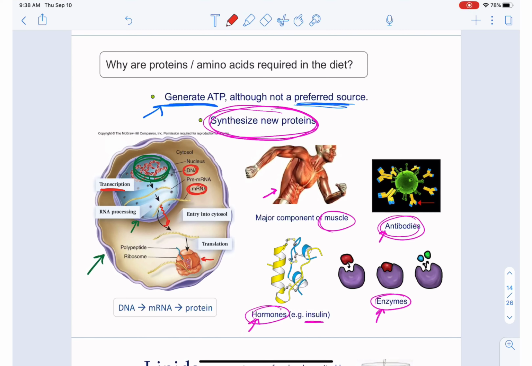Basically, you have these mRNA instructions, and the mRNA goes through this ribosome, and those instructions are read, and a protein is built because of that. Taking that mRNA molecule and converting it into a protein, into a polypeptide, is called translation.